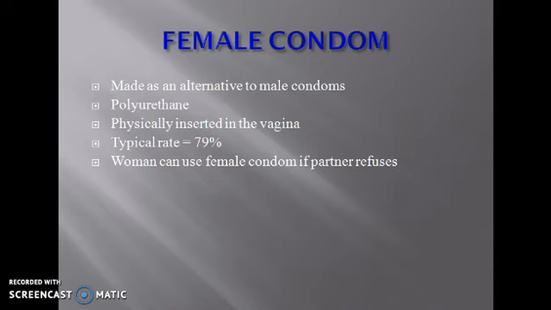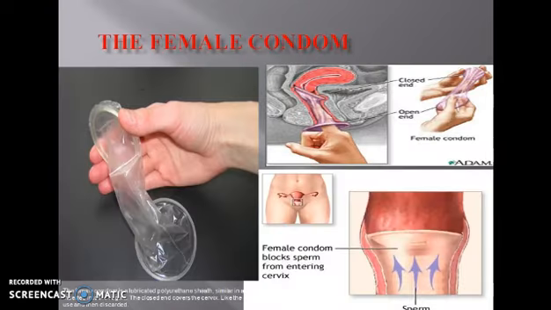The typical rate of protection against pregnancy is 79%. A woman can use the female condom if her partner refuses to use the male condom.